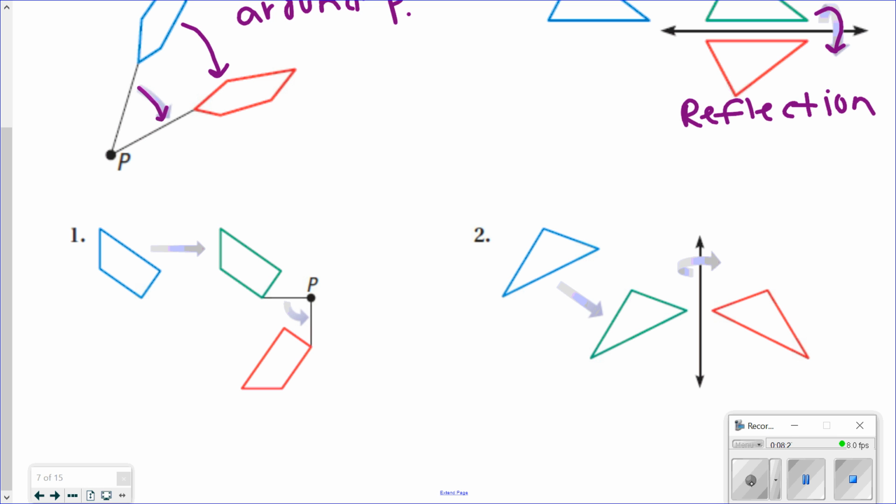For the next problem, we see that the blue figure slides over to become the green figure. So once again, that's a translation. We see an angle here, and the green figure is rotated to become the red figure, and so that is a rotation.